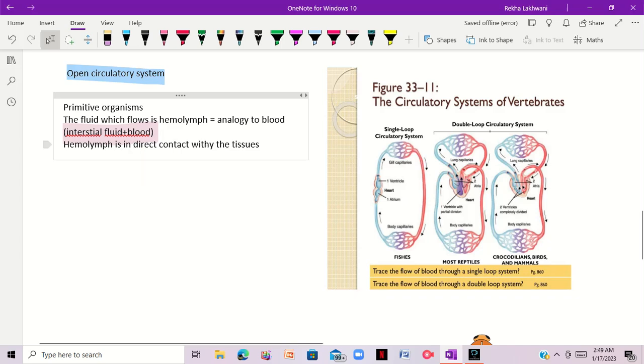Direct contact with the tissues, and it moves through the cavity, which is also known as sinuses, or you can say hemocoel.